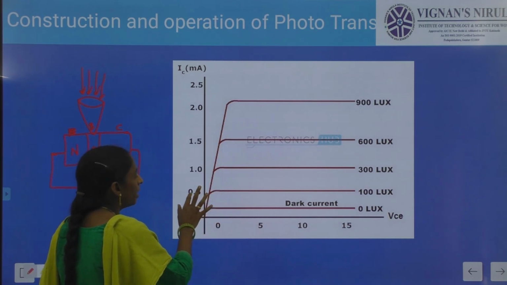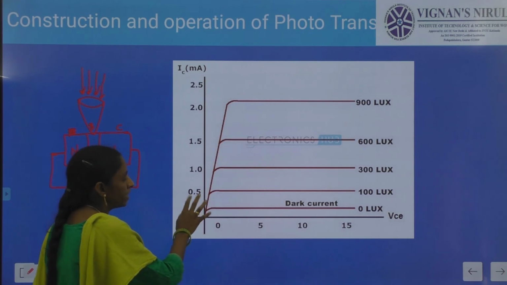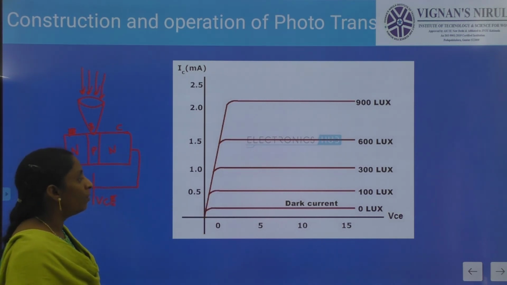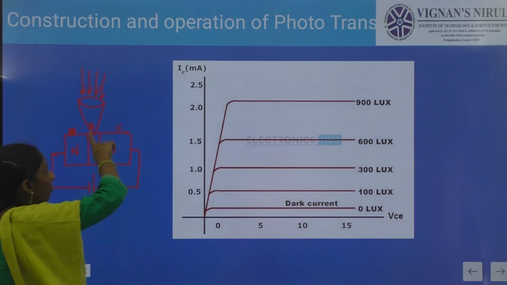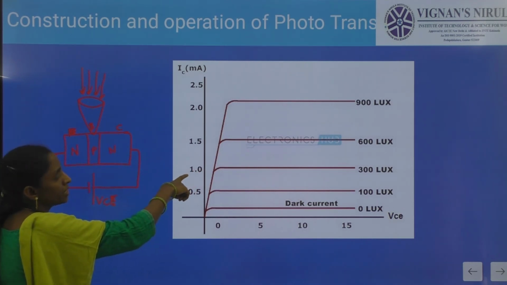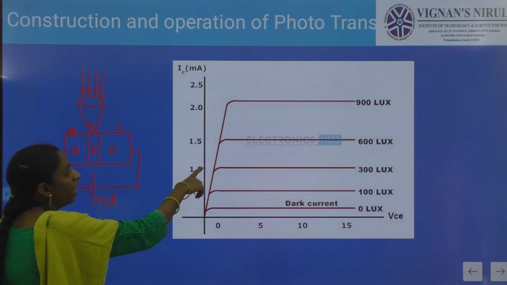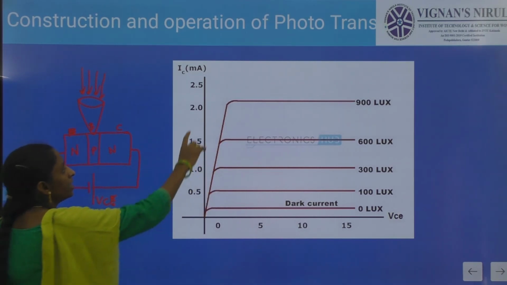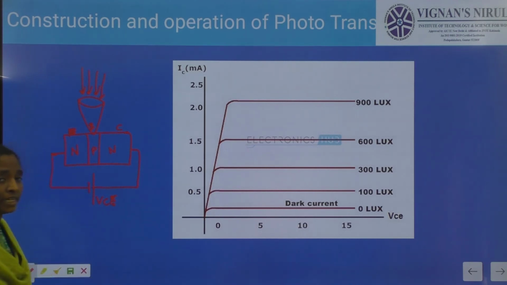At that time the current increases from about 0.1 to 0.5 milliamps. As we increase the intensity of light, the current increases to 1 milliamp, and with more intensity of light, the current keeps increasing. So if you increase the intensity of light, what is happening? More current is produced. Okay?